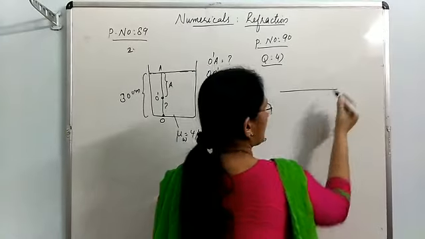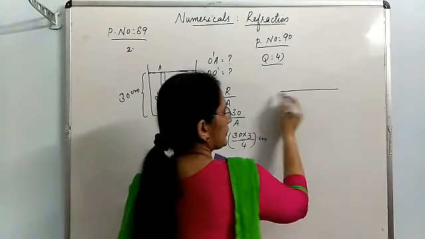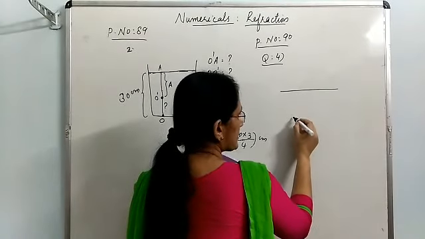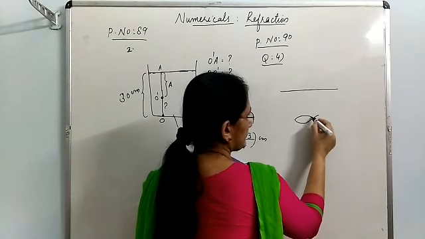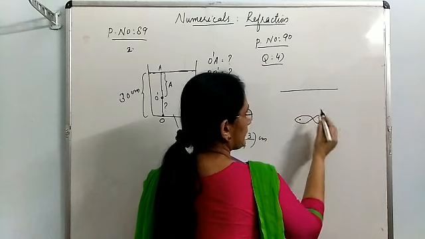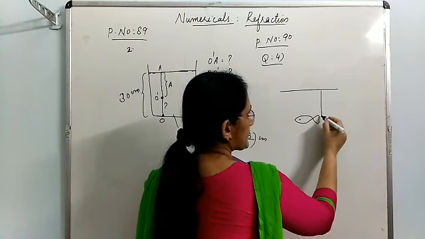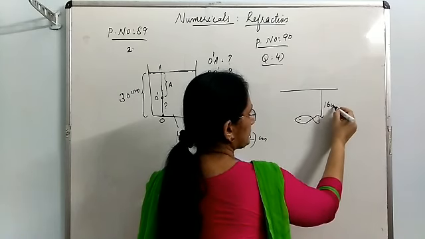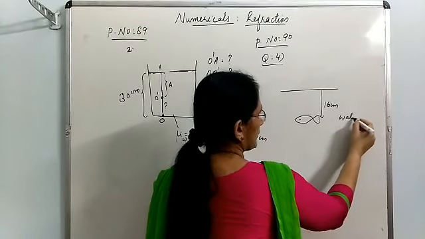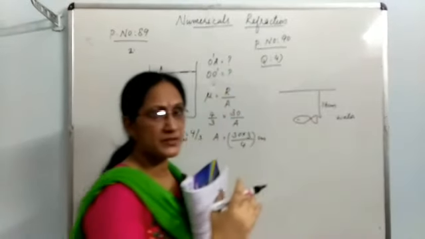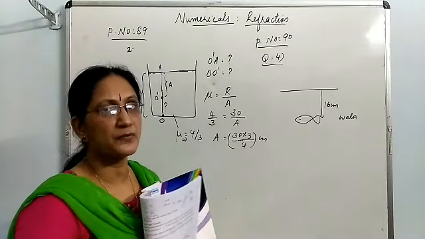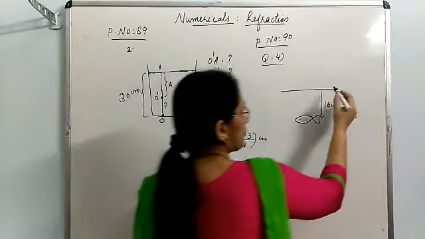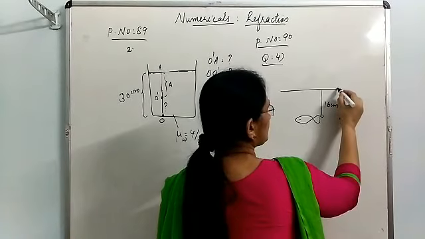Suppose this is the water surface. Okay, means the fish is at a depth of 16 centimeter. Here water is there. The fish is underwater at a depth of 16 centimeter. Here there is a tree.